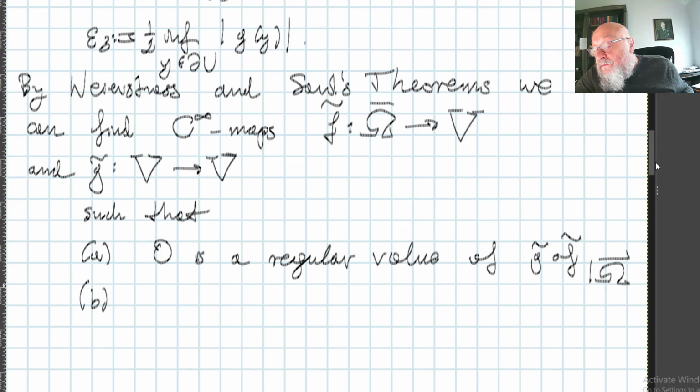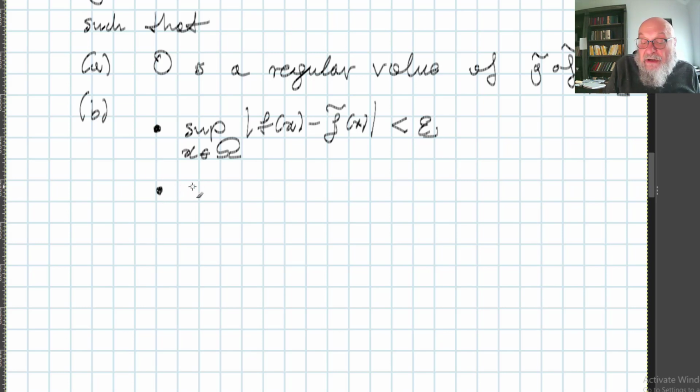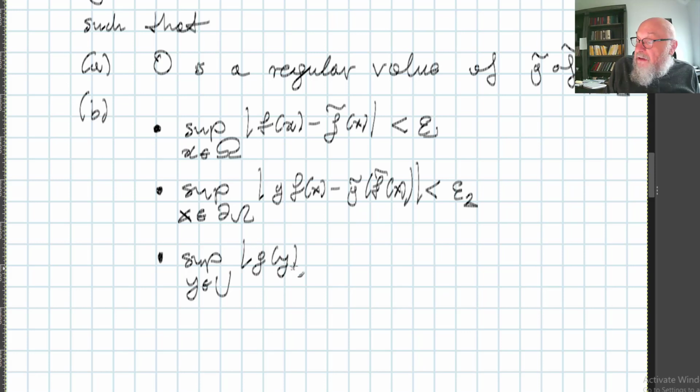The first condition is that the supremum over x belonging to omega of the absolute value of f of x minus f tilde of x is smaller than epsilon 1, and then the supremum over x belonging to the boundary of omega, so here only for the boundary, of f of x minus g tilde of f tilde of x is smaller than epsilon 2, and finally the supremum over y belonging to U of g of y minus g tilde of y is smaller than epsilon 3. So this is epsilon 1, epsilon 2.